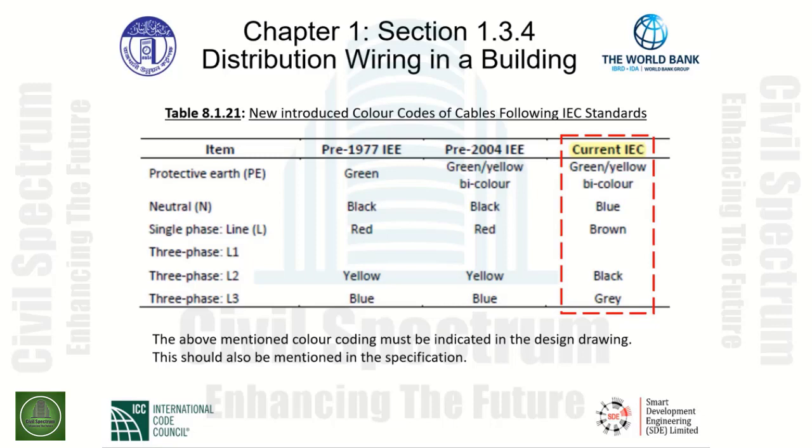Single phase L1 is brown, as well as our three-phase L2 is black and three-phase L3 conductor is gray. These are the new colors complying with IEC standards that must be followed. The above-mentioned color coding must be indicated in the design drawing. This should also be mentioned in the specification as well.